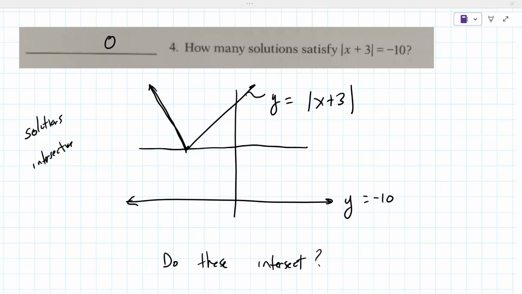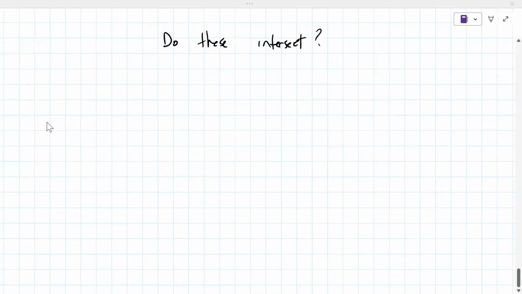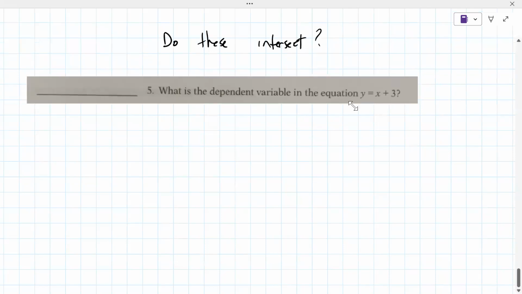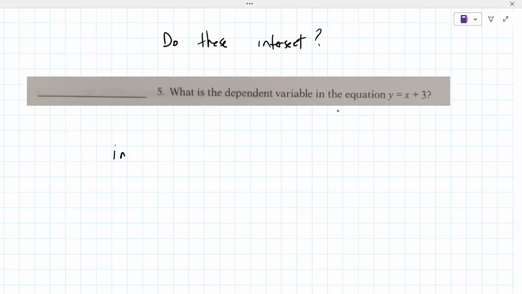Number 5. Okay, so a few things about variables here. The input is x, the output is y. Y depends on x; x is independent.